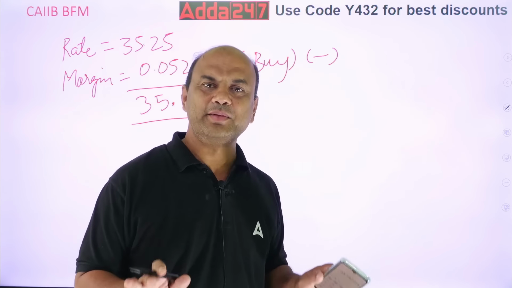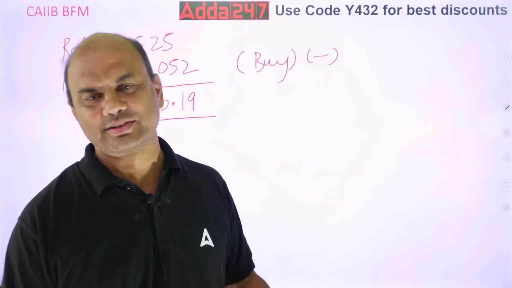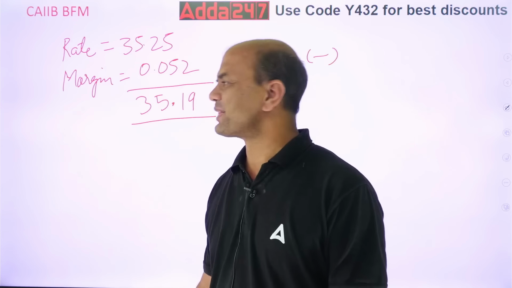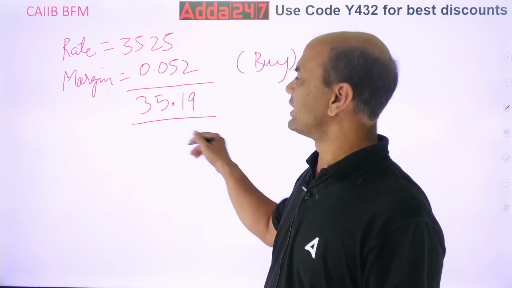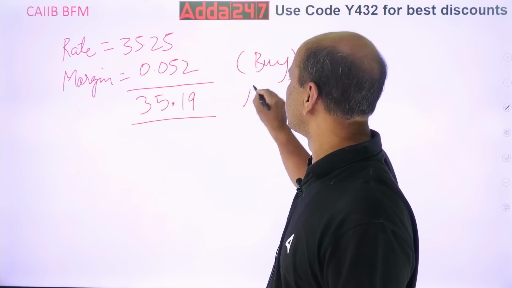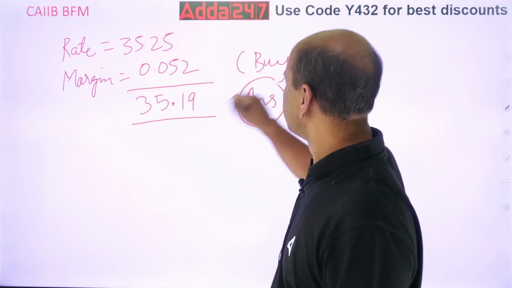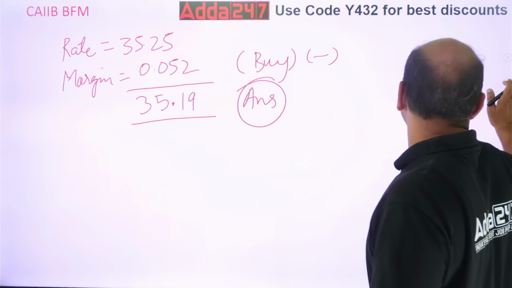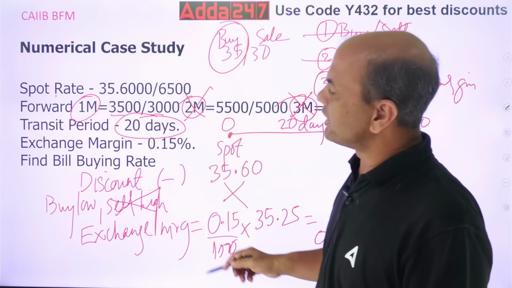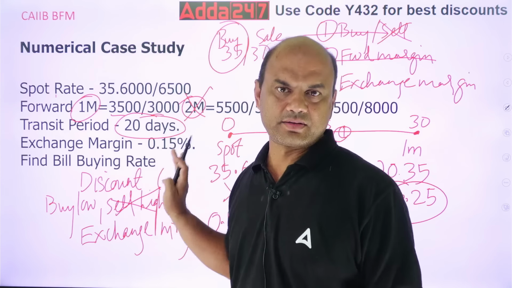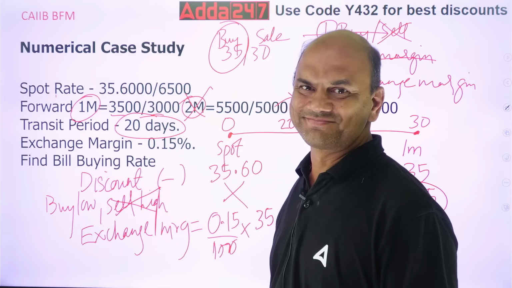It's the same as your Netflix series. Okay? Got it, everyone? 35.19 is the final rate, the answer, because you are always asked in the exam to find the bill buying rate. That's it. Okay? Next.